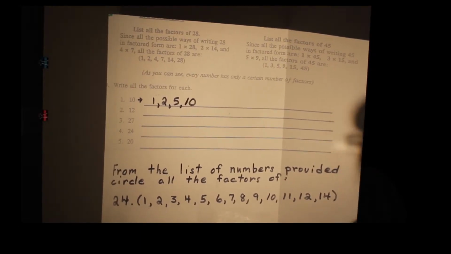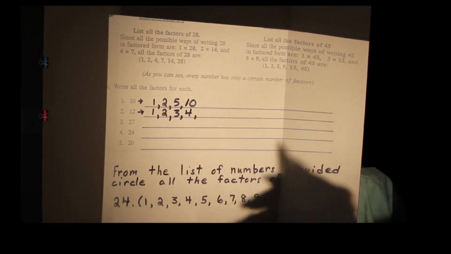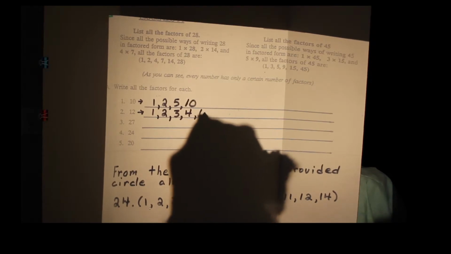Again, we've got the number 12, no equal sign, it's an arrow, because the numbers we're going to write don't equal 12. So we have 1, 2 will work, 3 will work, 4 will work, 5 won't, 6 will work, and 12.